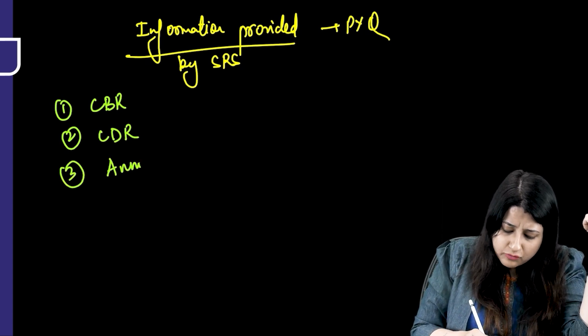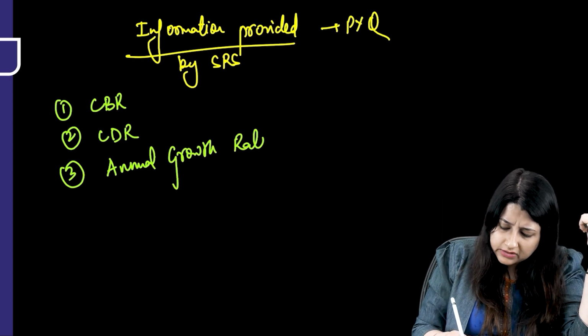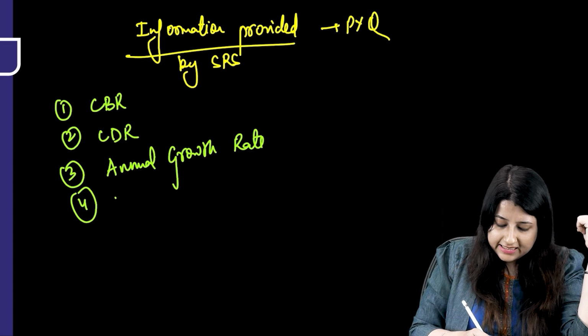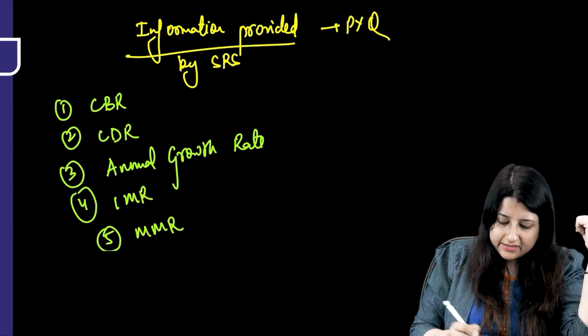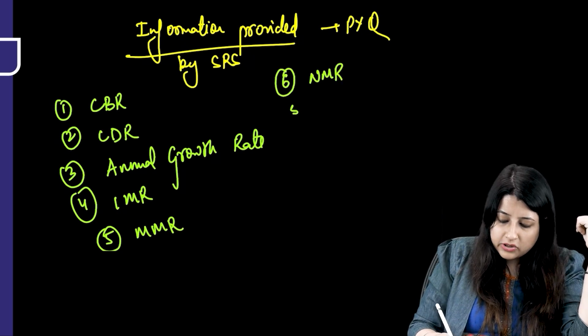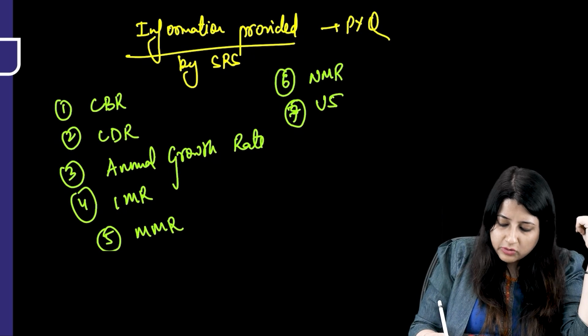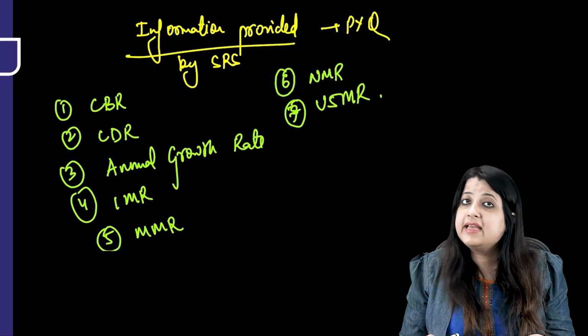Annual growth rate of a country. Other than that, infant mortality rate, maternal mortality ratio, neonatal mortality rate, and under 5 mortality rate. All this information is provided by SRS.